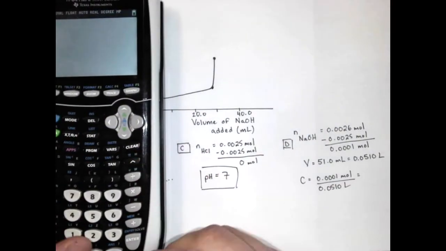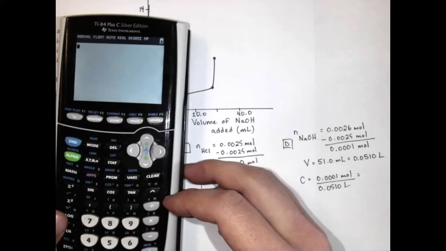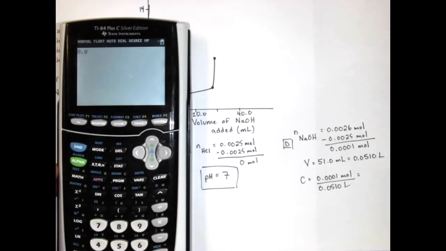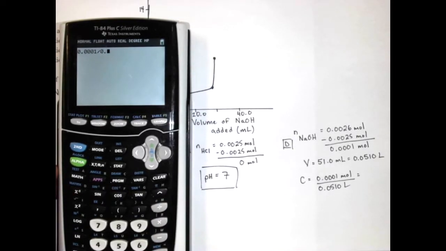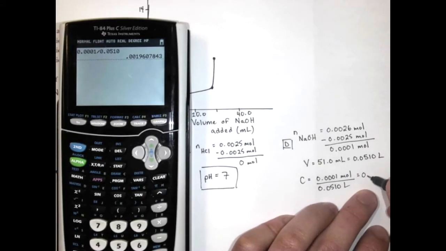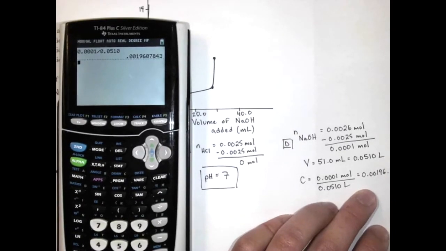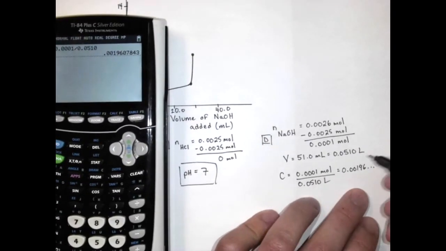And remember, this is the concentration of the sodium hydroxide. I get a concentration of 0.00196 moles per liter.